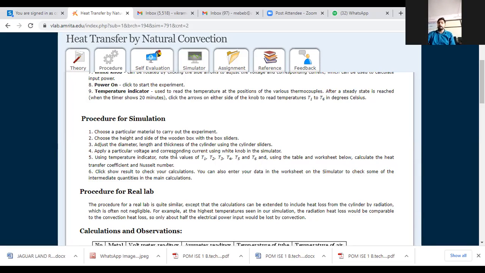Then after achieving the steady state temperature, you can measure the 6 thermocouple temperatures, that is nothing but T1, T2, T3, T4, T5, T6, of which 4 are provided on the surface of the cylinder, and 2 are suspended freely to measure the air temperature at the inlet and outlet.